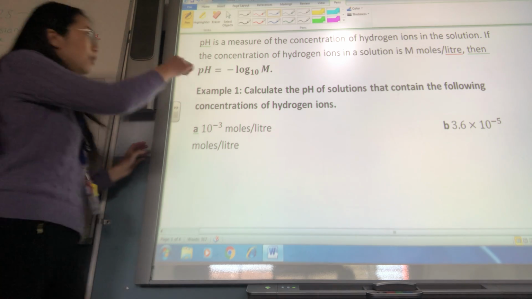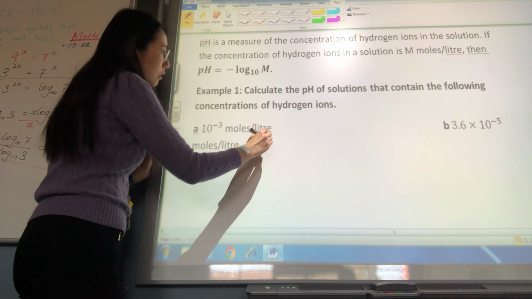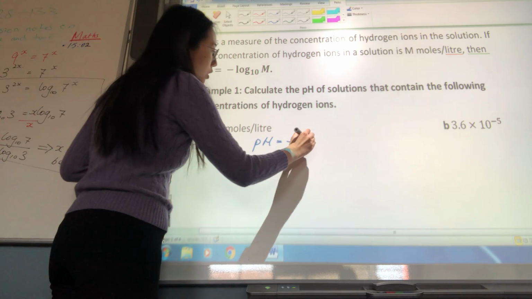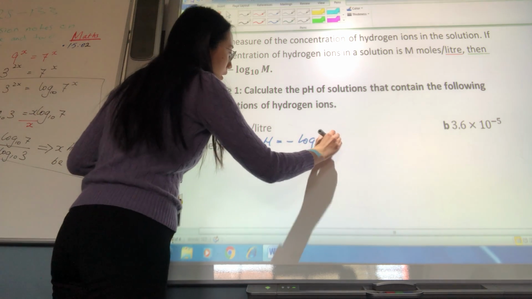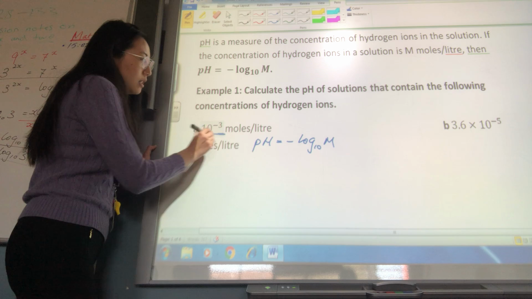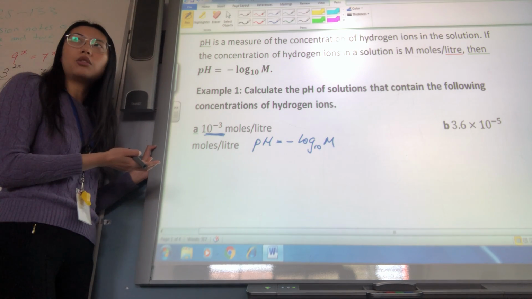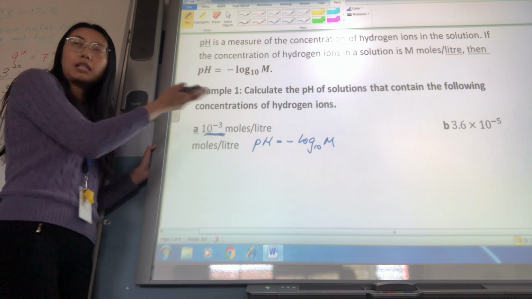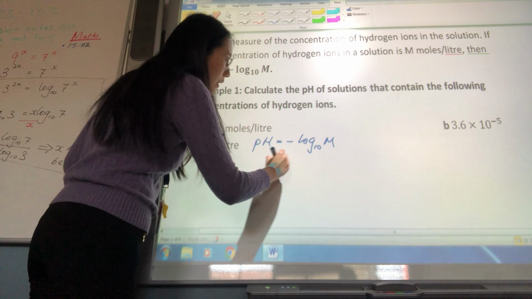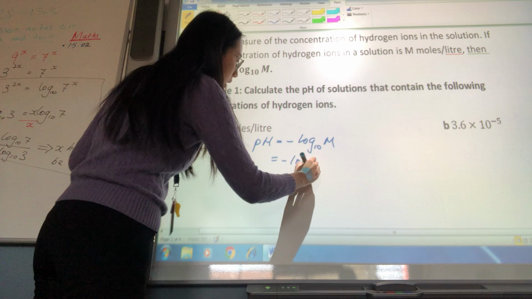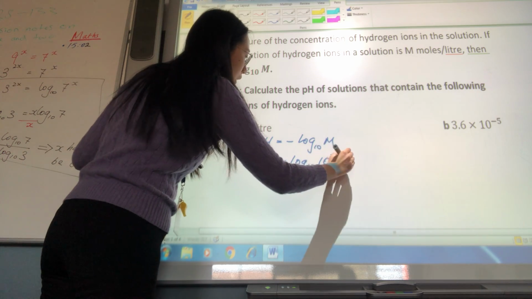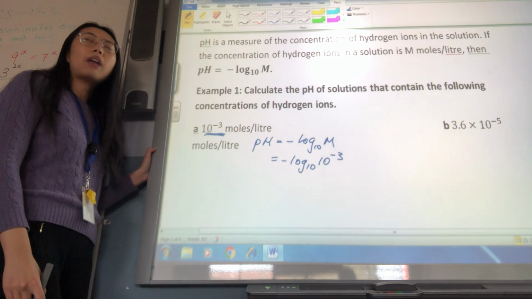So we have this formula, pH equals negative log 10 of m. And it tells me 10 to the power of negative 3. How do I use the formula? So I substitute it into m. So you have negative log 10 to the power of negative 3. Then how do you simplify this?